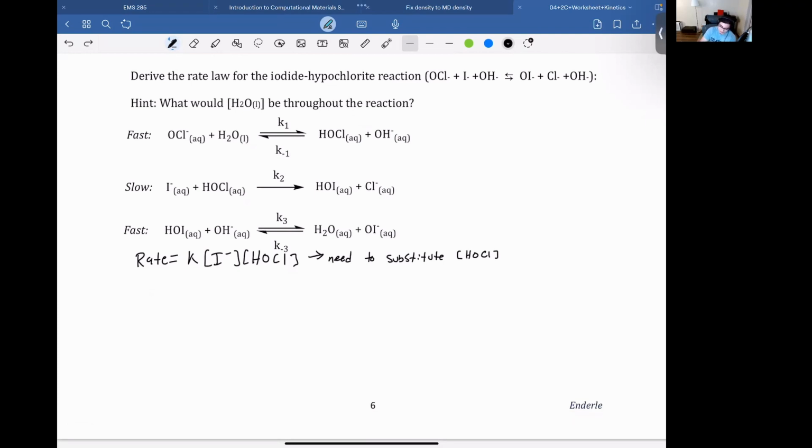We can say this one's the overall rate. Then looking at this one, we can say the forward rate is going to be equal to the concentration of OCl minus times the concentration of H2O, which we'll talk about in a second. It is a liquid, times K1.